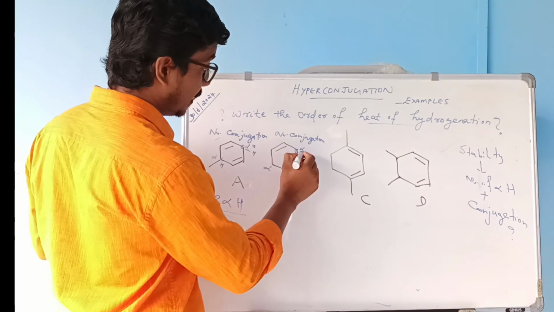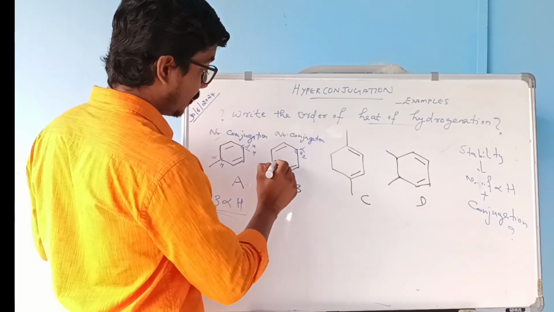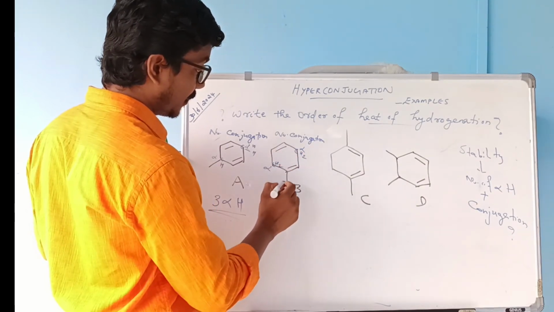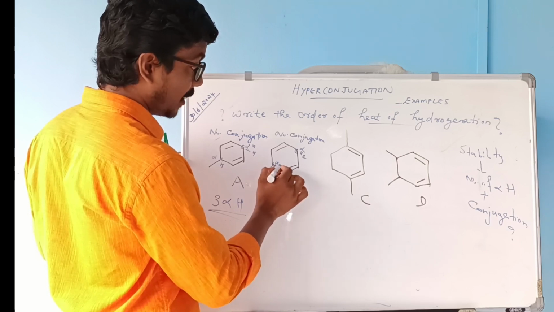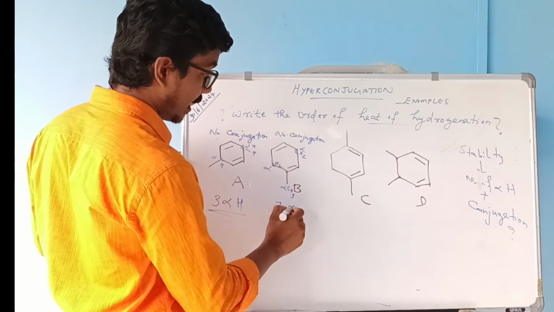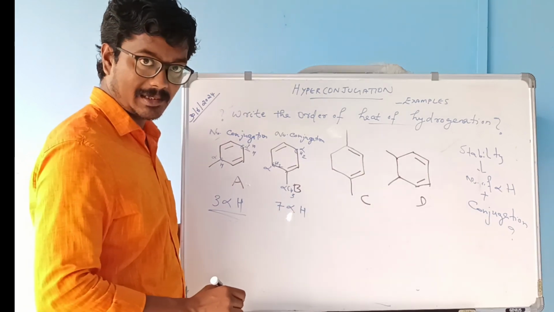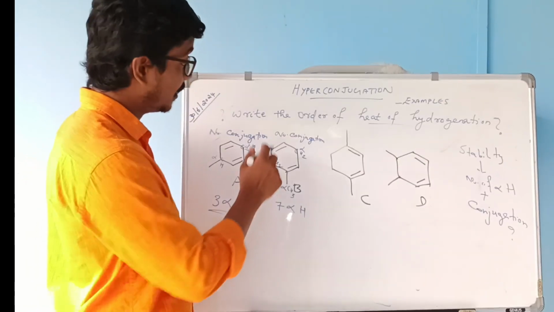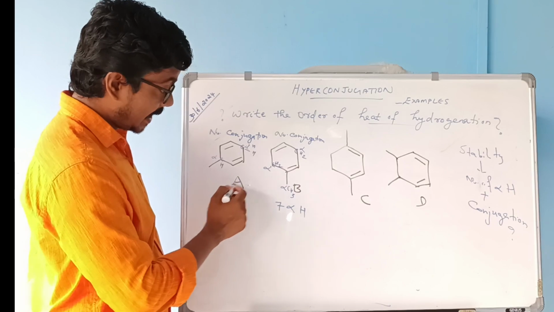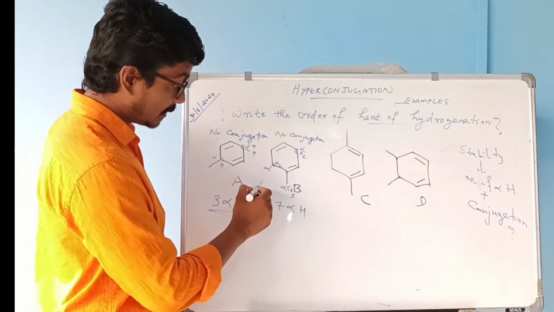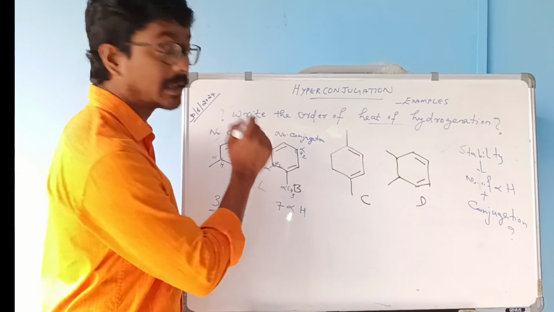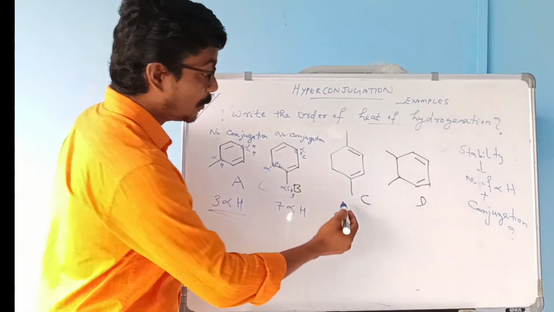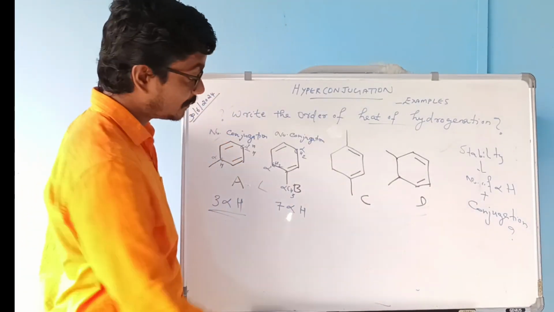So here CH2, here also CH2, here it is CH3. So 3 plus 2, 5 plus 2, 7 alpha hydrogen atoms, but no conjugation. Among A and B, B possesses greater stability because the number of alpha hydrogen atoms is more in the case of B.